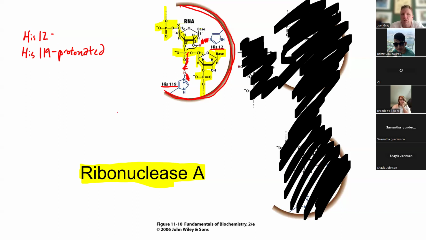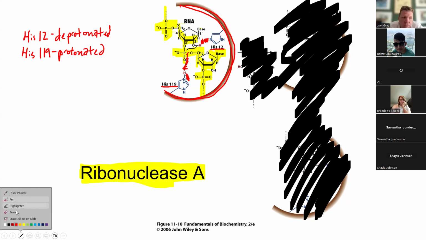So does anyone object to me referring to His 12 as being deprotonated? Okay. So we've got His 12 and His 119. His 12 is deprotonated. His 119 is protonated. Now, I'm going to erase some of my arrows that I just scribbled in.